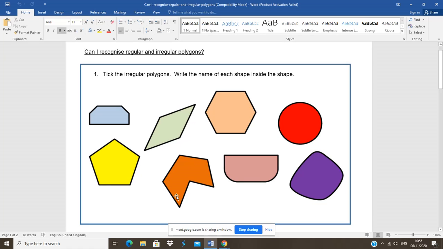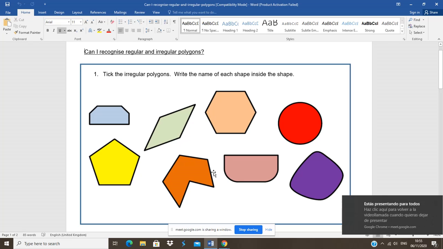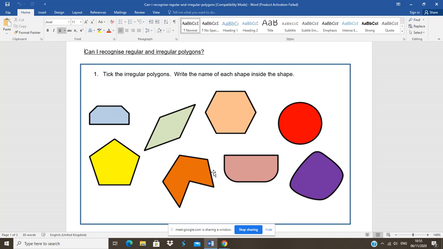If we look at this, it has straight sides. However, the sides are not the same length. Some of the sides are of different lengths. And all the edges are made out of straight lines, so it's not a circle either. So it is what we call an irregular polygon.